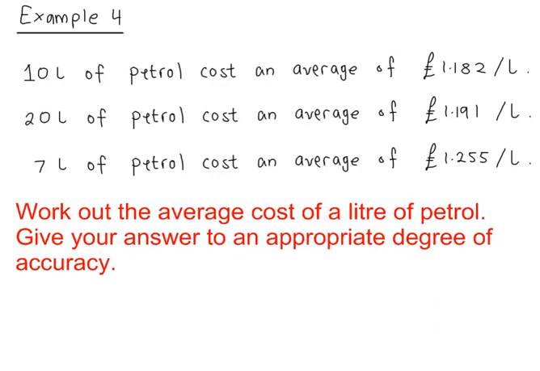In this example, we have 10 litres of petrol, which cost an average of this price per litre, 20 litres of petrol, which cost an average of this price per litre, the same thing with 7 litres, and what we're trying to do is work out the average cost of a litre of petrol when you put all of this together.